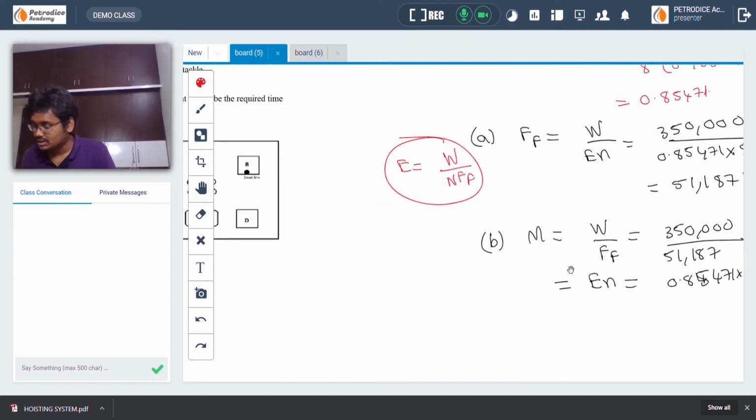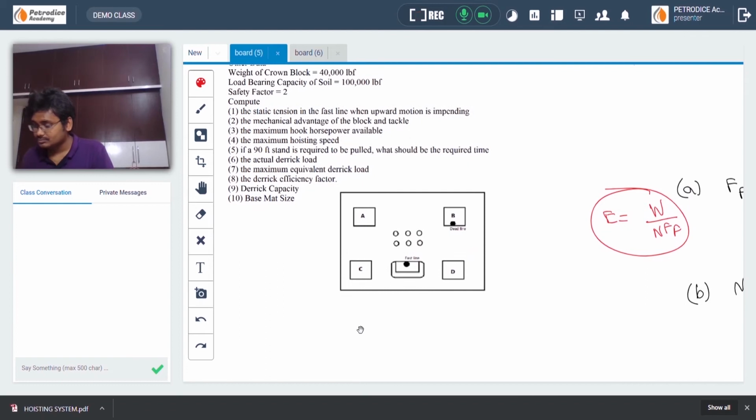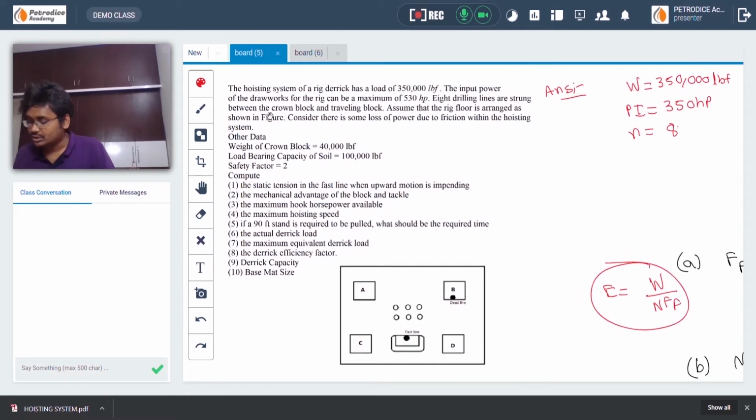The next one is the maximum hook horsepower available. Given the input power of the drawworks for the rig can be a maximum, we now have to calculate the output power of the drawworks.